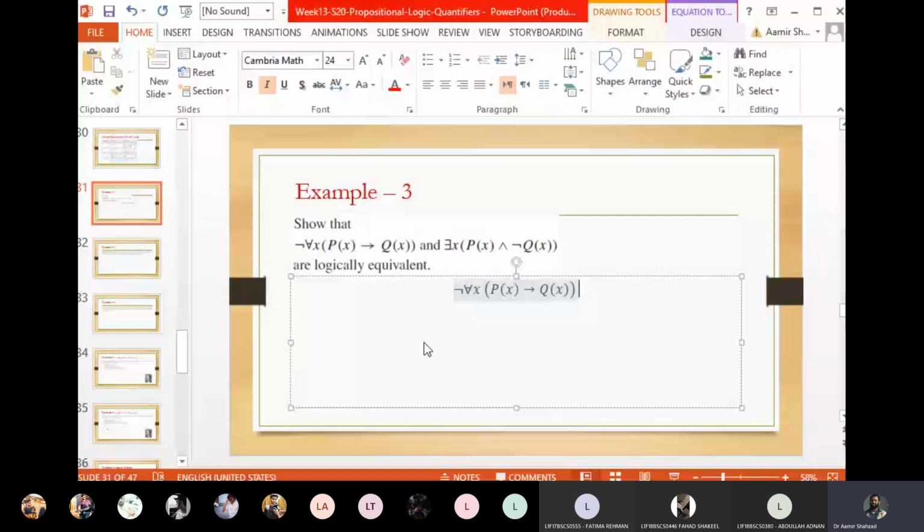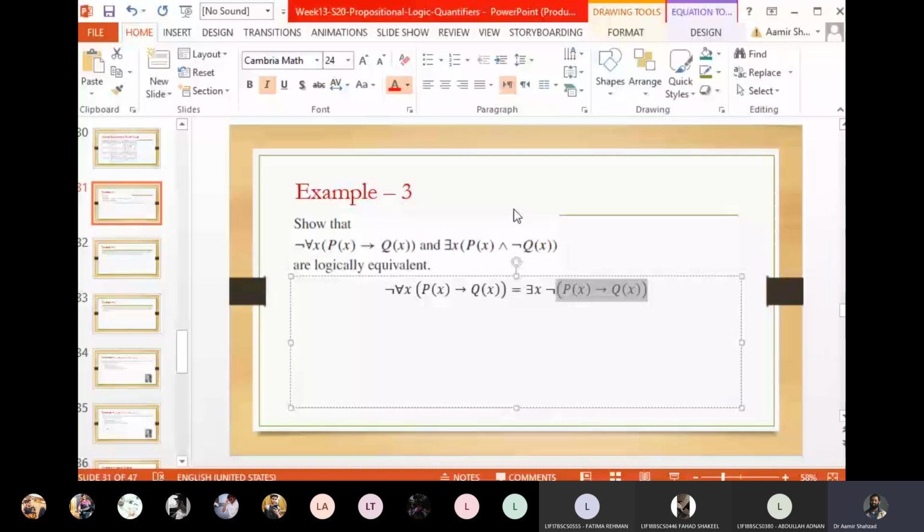So we know this is going to be equal to: the universal quantifier is transformed into the existential quantifier, and then we take the negation of our implication, P of X implies Q of X. So now we have this implication, and its negation is being taken.